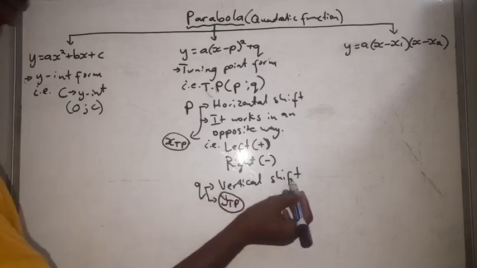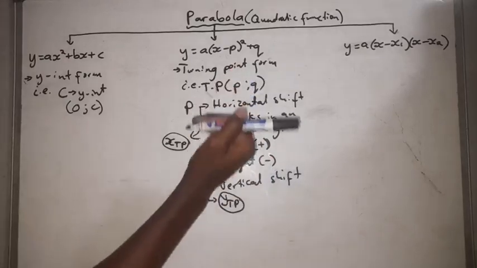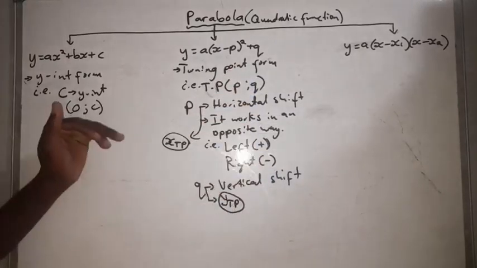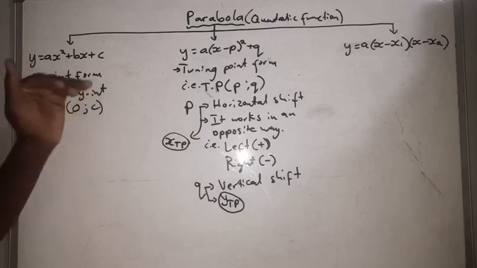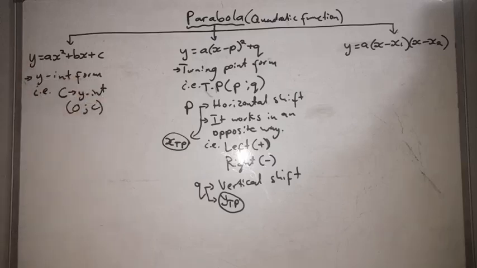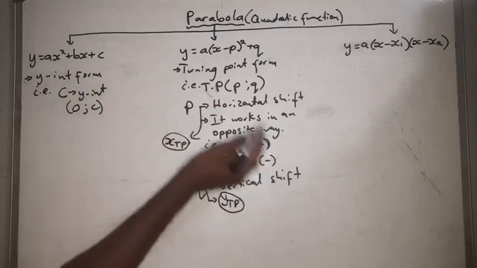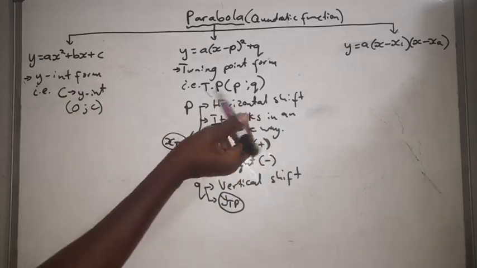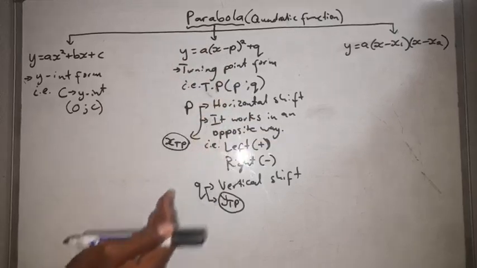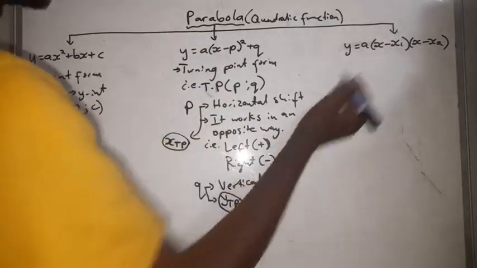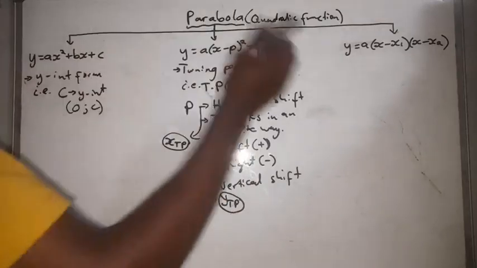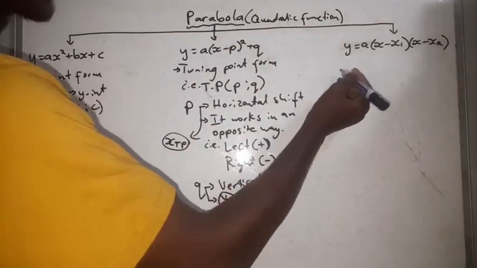So the vertical shift is moving the graph up or down. If we're going up, it's positive. If we're going down, it's negative. So these are the effects of P and Q. I will explain this briefly in the following videos, so I just don't want to make this one long.